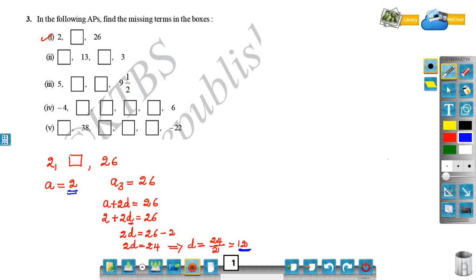So, we can find second term now, that is a2. a2 is equal to a plus 1d or a plus d. Second term a2 is equal to a plus d, that is a is 2, d is 12.